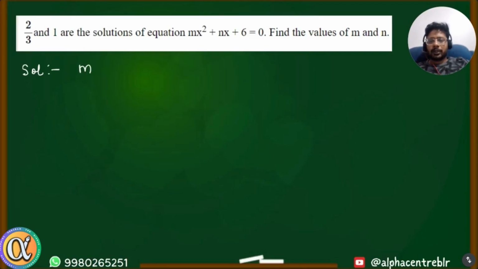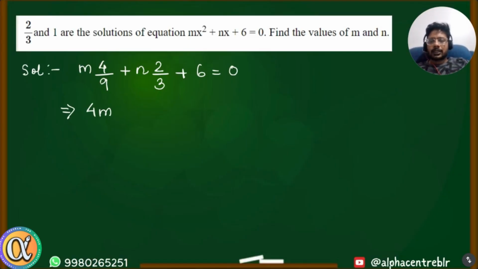So m times 2 by 3 square. Okay, let's write that directly, 4 by 9, plus n times again 2 by 3, plus 6 is equals to 0. Okay, let's simplify by taking LCM. So first term 4m by 9.